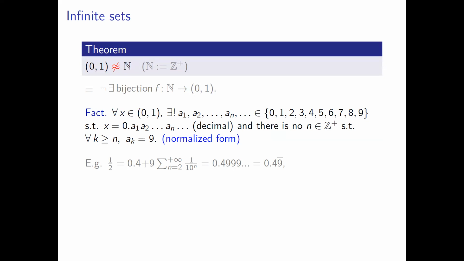All digits starting from the second position to the right of the decimal point are equal to 9. This decimal form of the number 1/2 is not normalized. We know that 1/2 is equal to the decimal 0.5. Since there is no infinite sequence of nines in 0.5, this decimal is in normalized form.